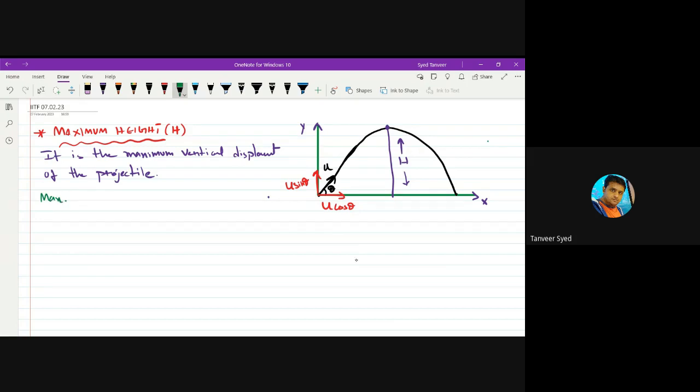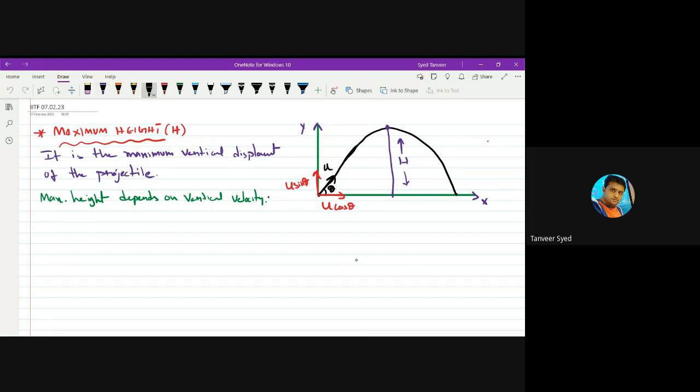Vertical velocity will decide. So u sin theta will decide, sir. Maximum height depends on vertical velocity. Greater the value of u sin theta, greater the height it will reach. Okay.